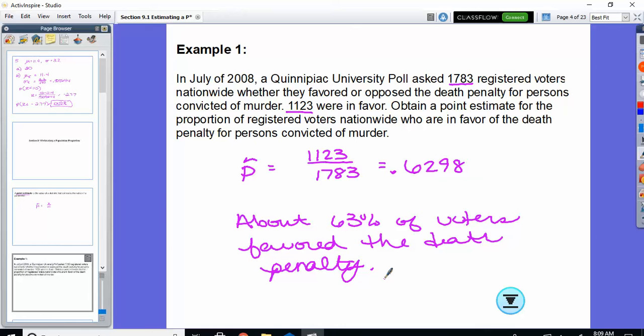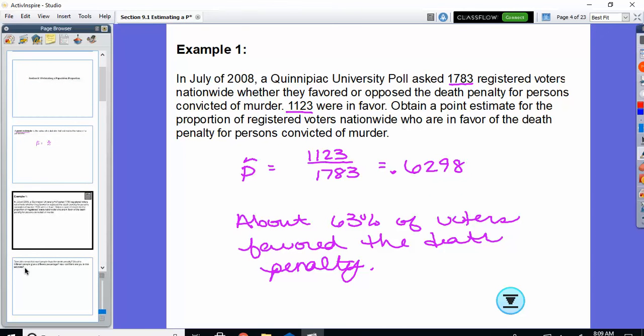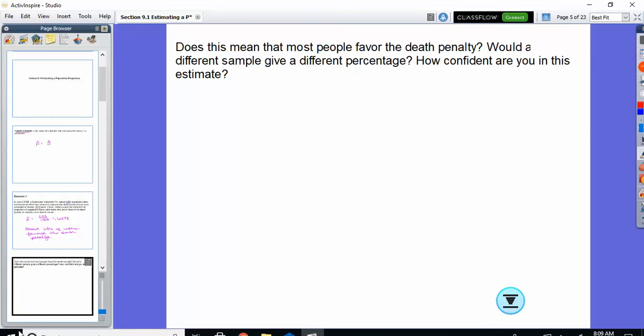So that's what I found for my sample. Here is my next question for you. Does this mean that most people favor the death penalty?